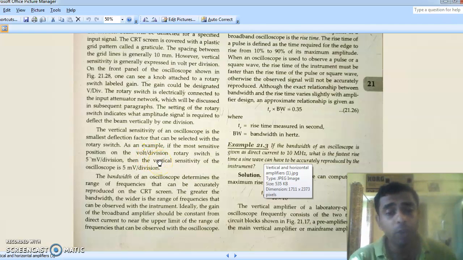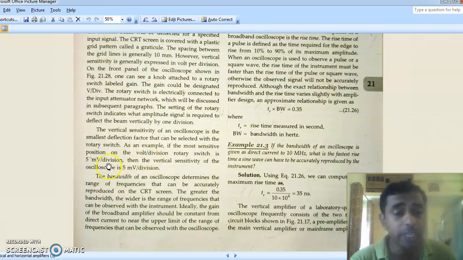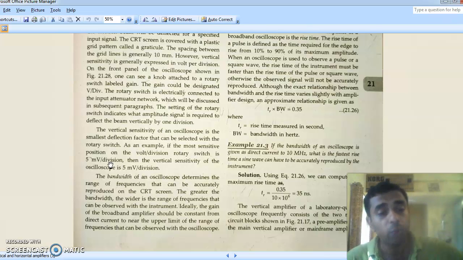So what is vertical sensitivity? If I place the knob at 5 millivolt per division, then what is the meaning? When you apply an input signal, however small, if it is 5 millivolt, that will cause 1 millimeter deflection.